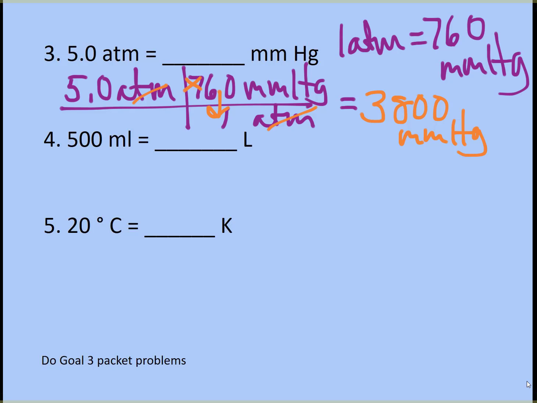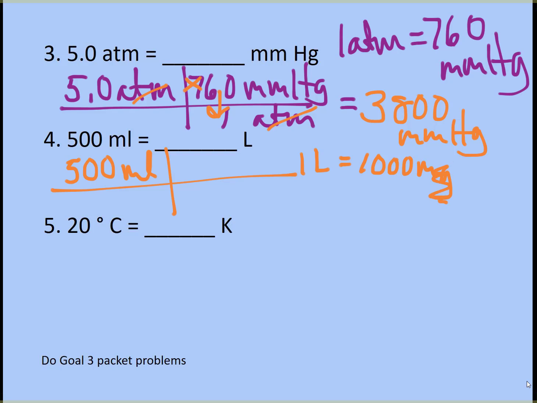And let's do the next one. The next one we have milliliters and liters, and I know that for every 1 liter, there are 1,000 milliliters, because that's what milli means. It means 1,000. So line this up, 500 milliliters, and then we want to cancel milliliters. Oh, it looks like I goofed there. That's milliliters.